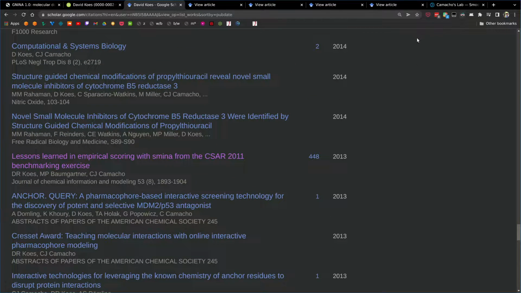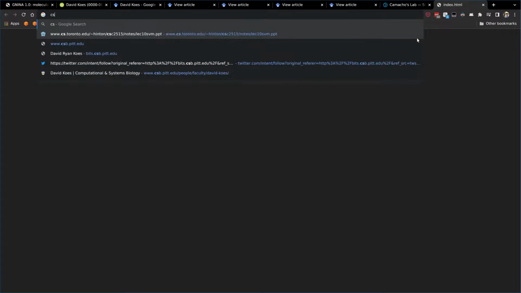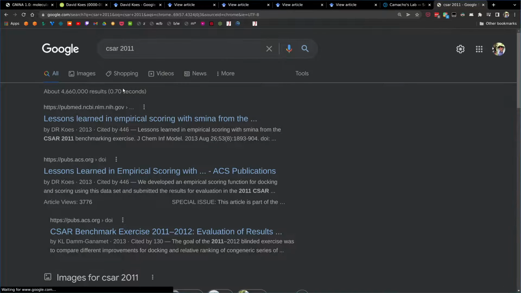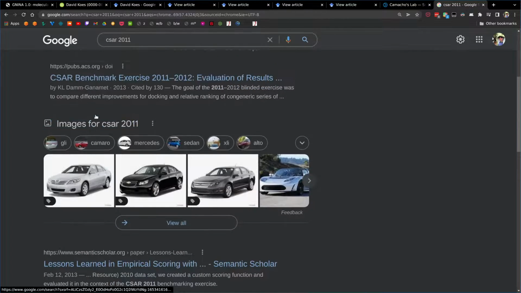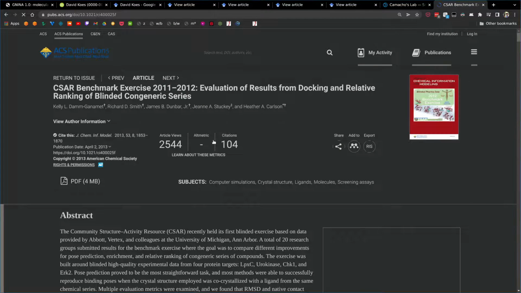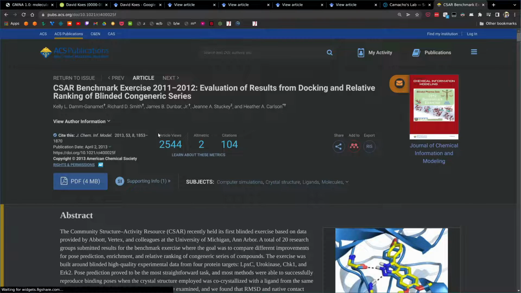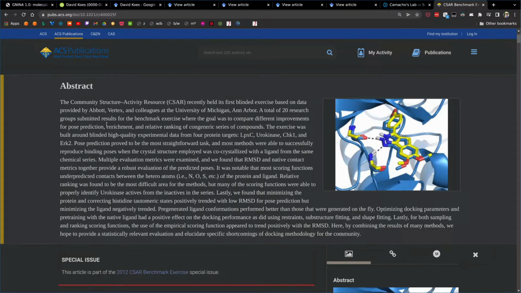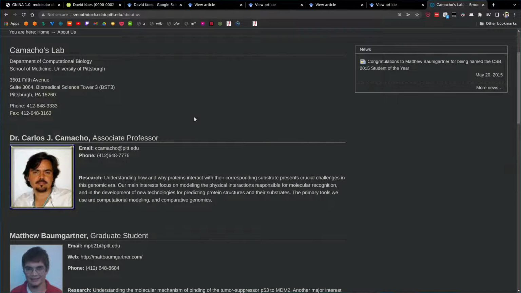What was CSAR 2011? Structure activity, well, that's QSAR, CSAR, interesting.